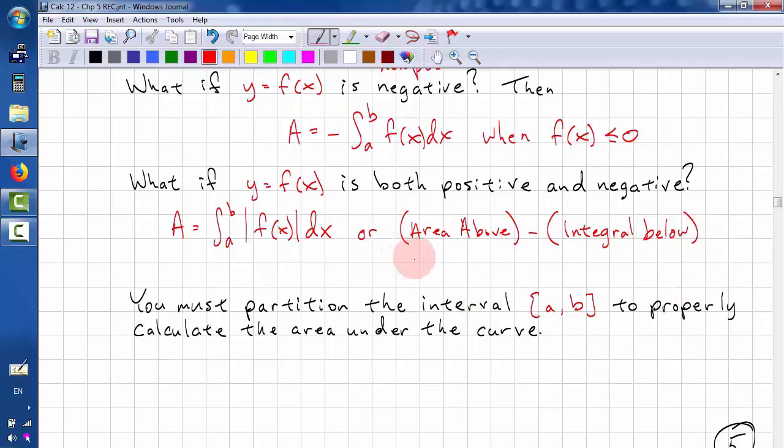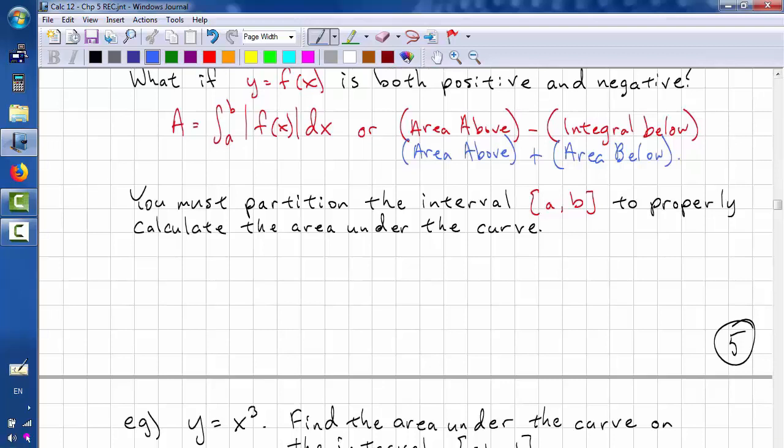Or you can think of it as area above plus area below. Okay, so if you're using shapes, you would do this. If you're using definite integrals, you would use this. Okay, you must partition the interval a to b to properly calculate the area under the curve. And this means finding zeros.